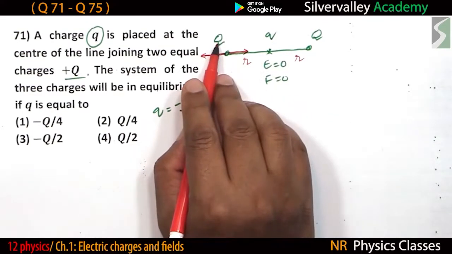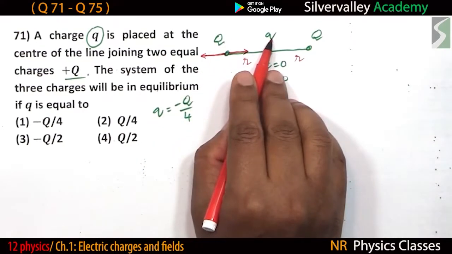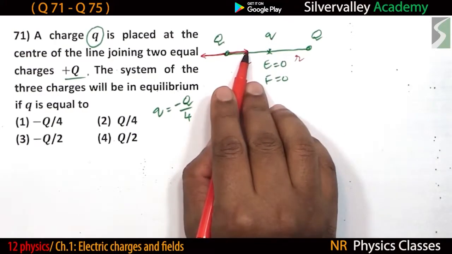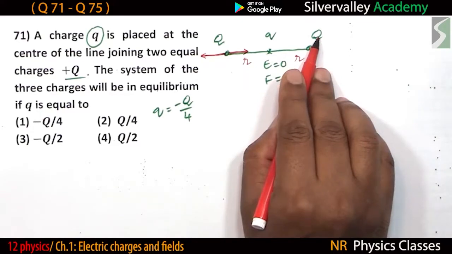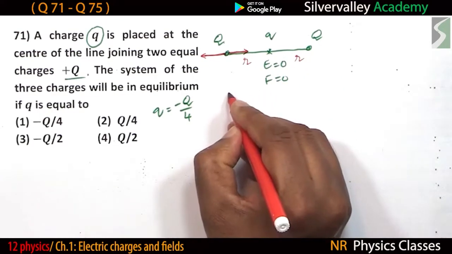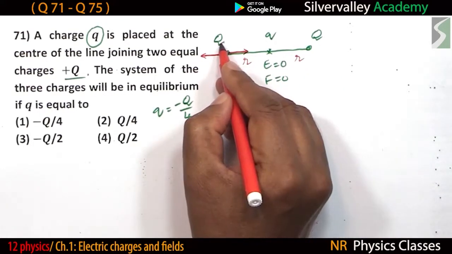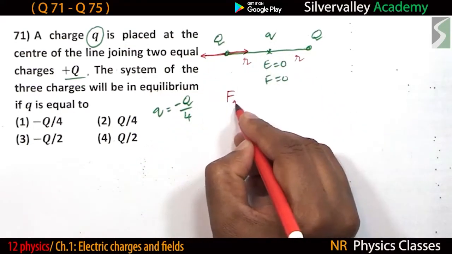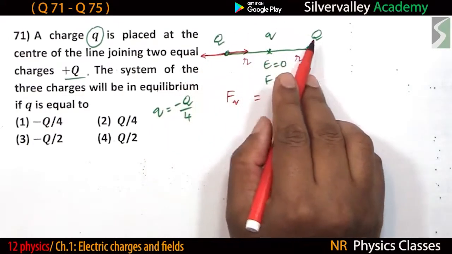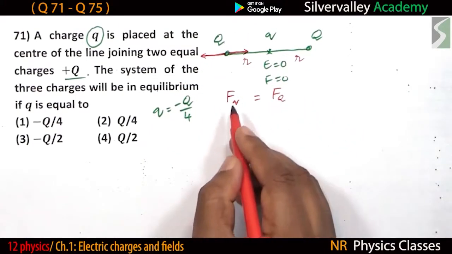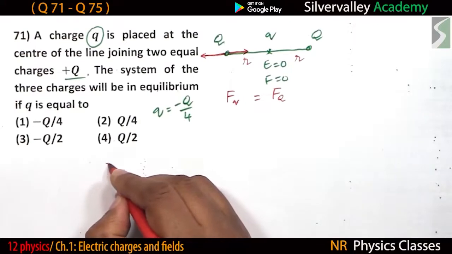Means force on Q due to small q should be equal and opposite to force on Q due to the other capital Q. So let me write force on this Q due to small q equal to force on this charge due to the other capital Q. What is the expression for force?